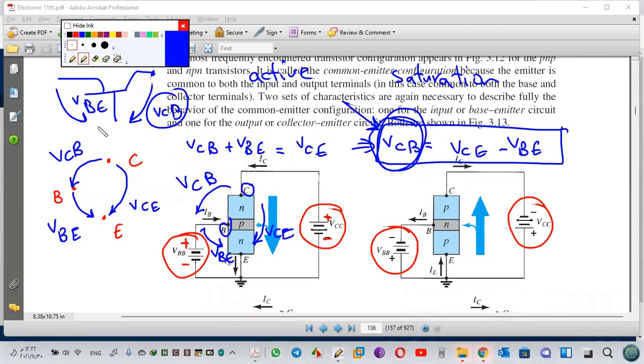As I told you before, the important model to understand the transistor is common base. But the common model that we use in our life is common emitter. If I want to determine which region my transistor is working in, active or saturation, because cut off is okay, you have to find VCB. Keep this in your mind. So if I ask you which region, you have to calculate VCB based on this. Is it clear?